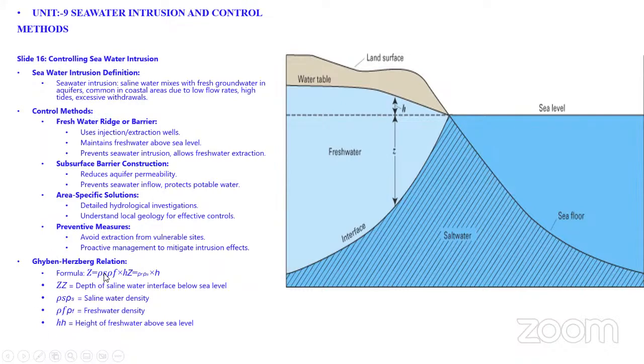Here you can see Z, the depth of the saline water interface below sea level, and the saline water density. These are the parameters we have to consider for seawater intrusion with this formula.